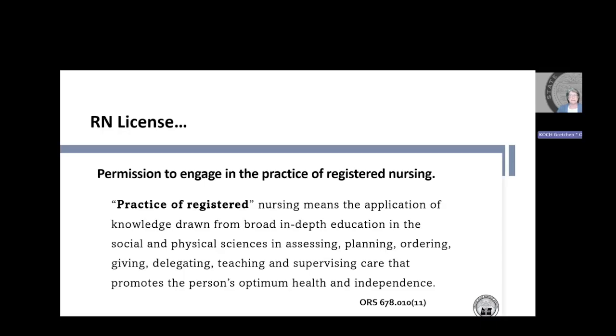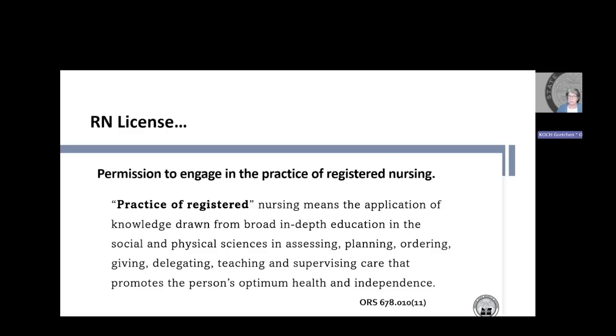So returning to the Chapter 678 statutes, let's look at permissions granted with license ownership. And the next two slides are going to involve the statutory definitions I referenced earlier. So first up, permissions granted with RN licensure. Receipt of an OSBN issued RN license is express permission from the state of Oregon to engage in the practice of registered nursing with clients who are physically located in this state.